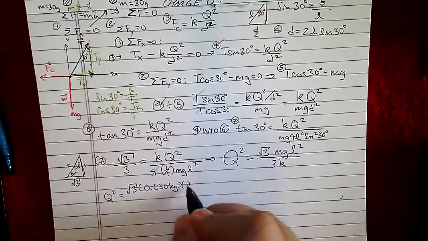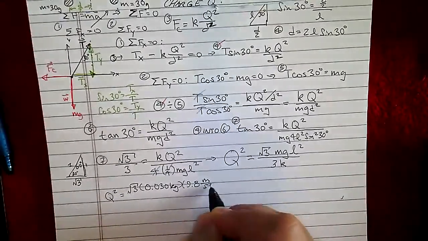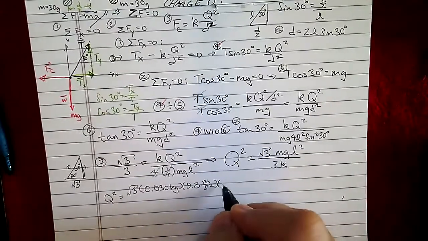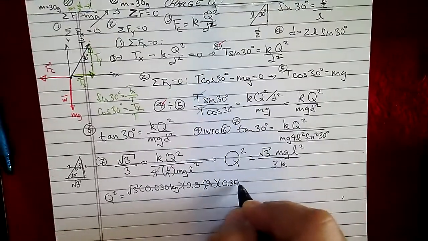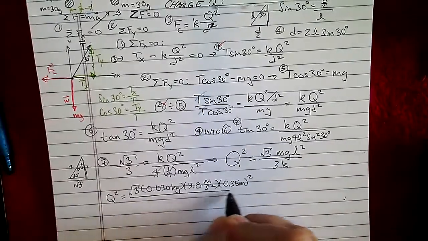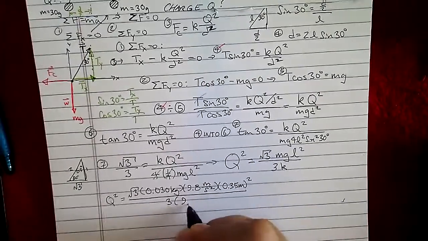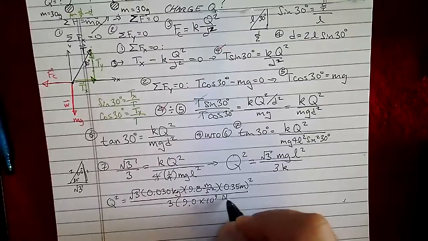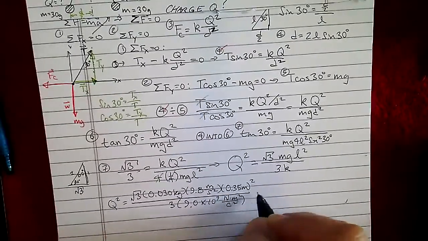The g is 9.8 meters per second squared, and the l was 35 centimeters, but again, you have to use the base unit, so that's 0.35 meters. That's also squared. And I'm going to divide that by 3 times k, and k is about 9.0 times 10 to the 9th Newton meters squared per Coulomb squared.